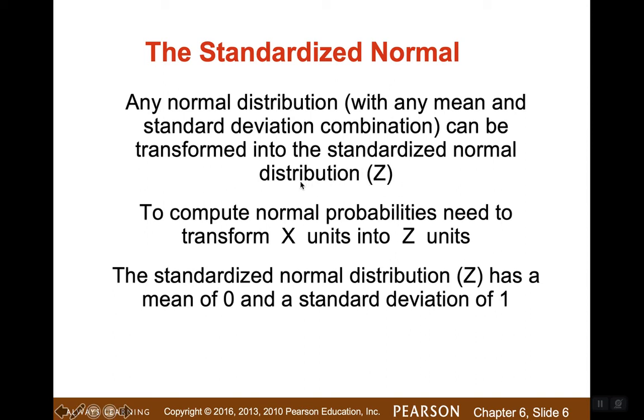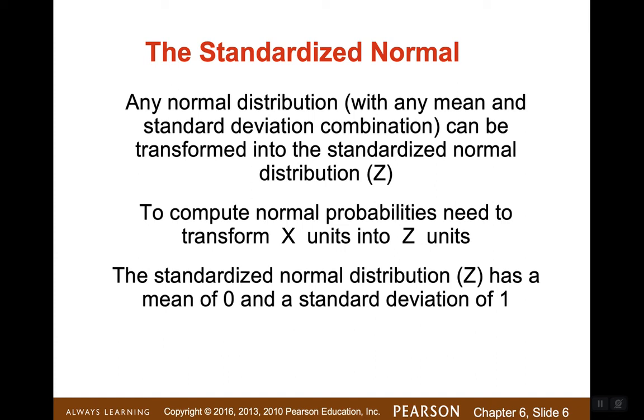All the z values mean is that we're not changing the shape of the curve. We're only changing some of the relative numbers. The height of the curve remains the same, and the width of the curve stays the same.